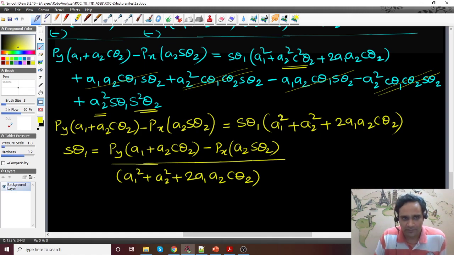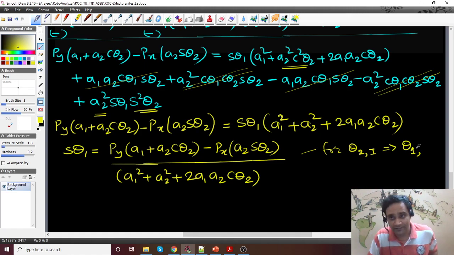So obviously we have the sine theta 1 term here, and this sine theta 1 term is dependent on which value of theta 2 you take. For theta 2 first solution, we'll get sine of that angle.